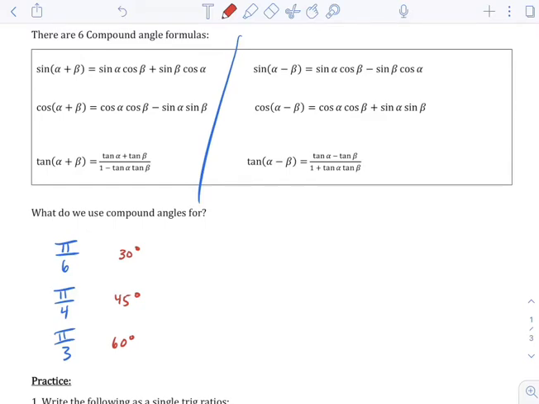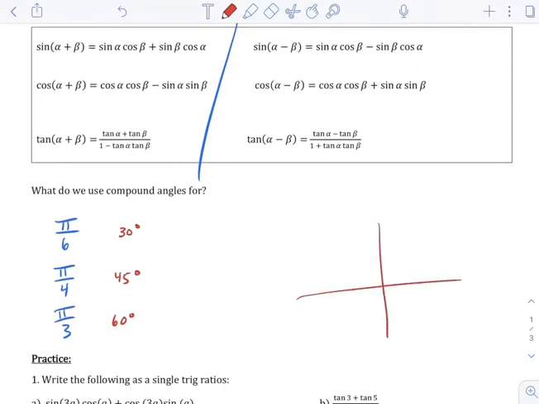Like, for example, if we have a related acute angle of pi over 6 here, 30 degrees down in that corner, I know how to find out the exact value for 150. Or if it's 45 in the second quadrant, I know how to find out the exact value of 135. And finally 60, I know how to find the exact value of 120.